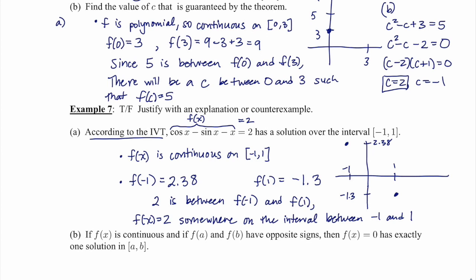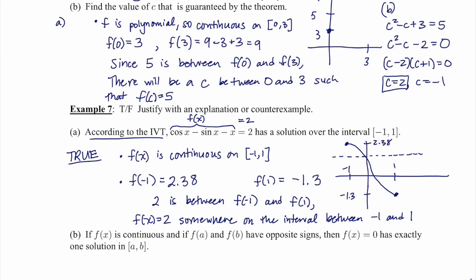And I want to know, do I cross this line through y equals 2 somewhere in between? And because this is a continuous function, I don't know what the function looks like, but I know I'm going to have to cross that line at least once on that interval. So we would say this is true. And our justification for that conclusion is written there.